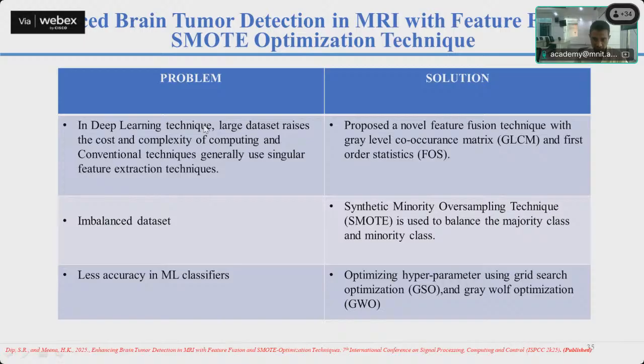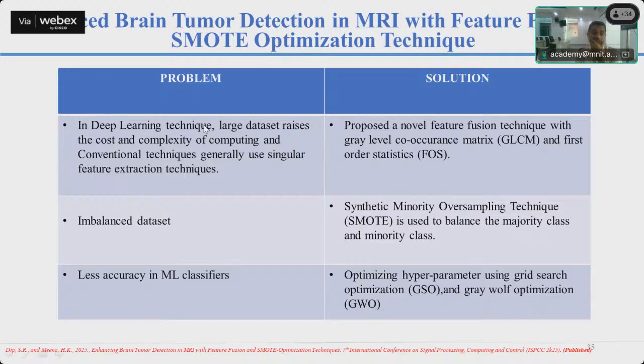Where the dataset was imbalanced, we used SMOTE. Imbalance means, for example, there were 155 images of tumor and only 98 of non-tumor. So we balanced it, and training-wise it is a balanced case for both. Another problem was less accuracy in ML classifiers.